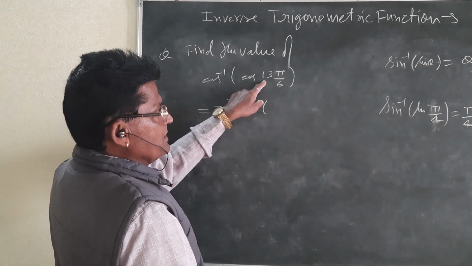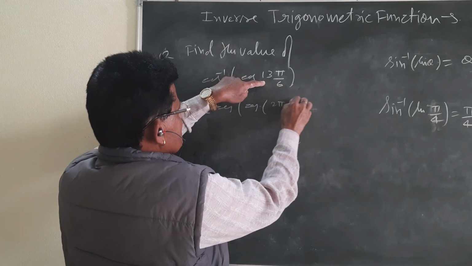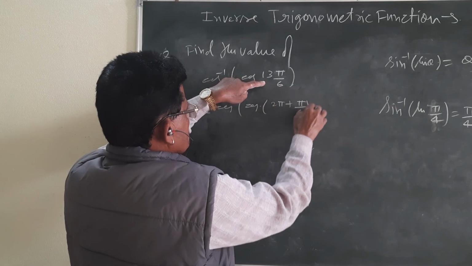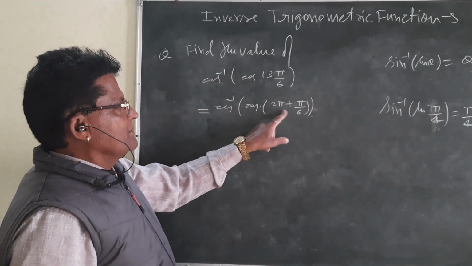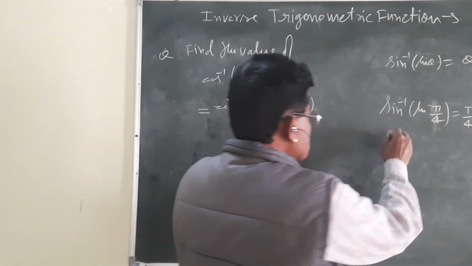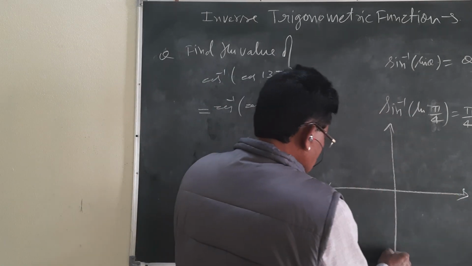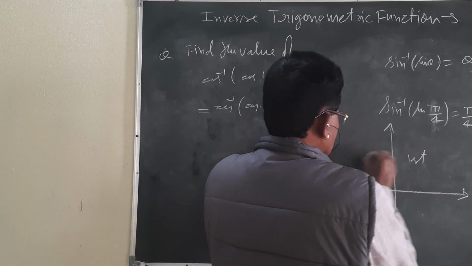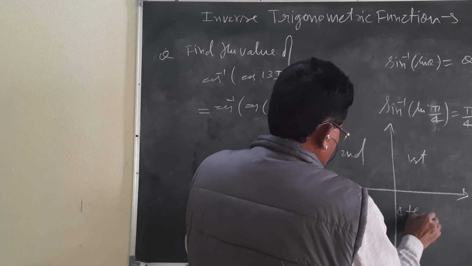See how you can write 13 pi by 6: 2 pi plus pi by 6. And one thing you must keep in mind, as I told you just before: this is the first quadrant, second quadrant, third quadrant, and this is the fourth quadrant.